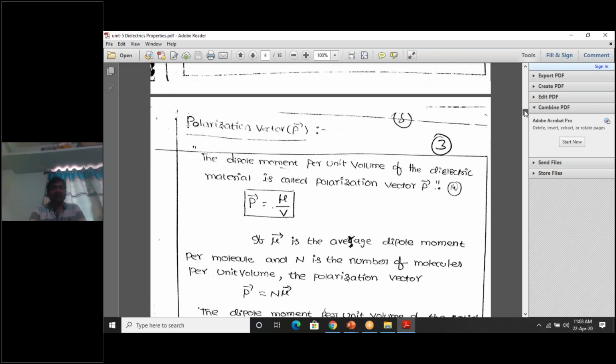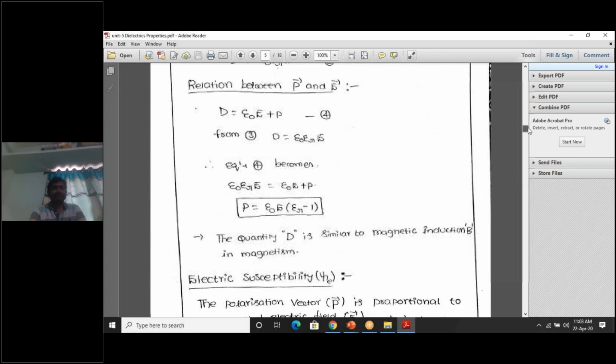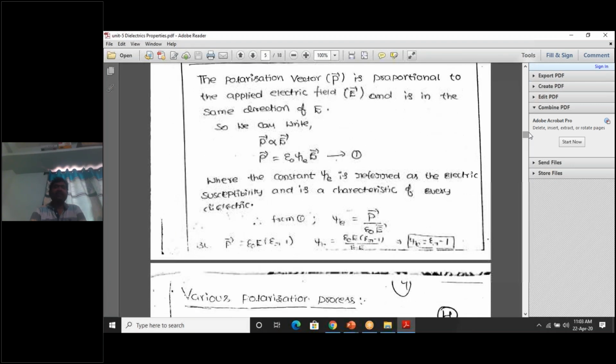Okay, so the same thing I have written here. Polarization vector is directly proportional to the applied electric field. If you take out the proportionality constant, what would you get? A constant. The proportionality constant here is epsilon naught into chi e, where this chi e is called as what?